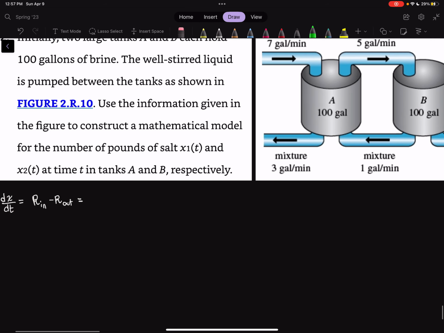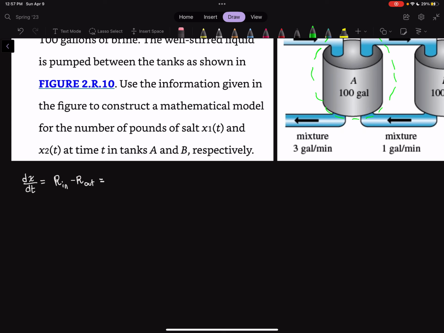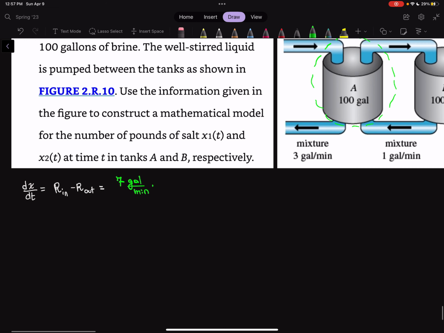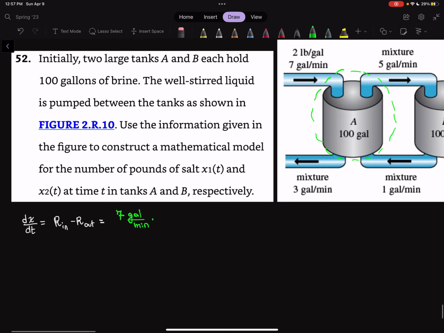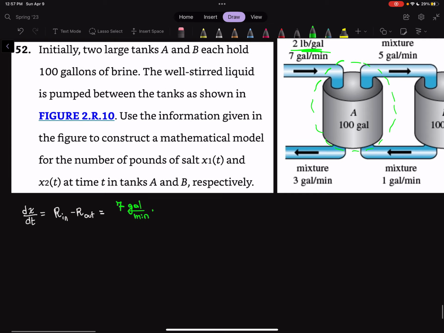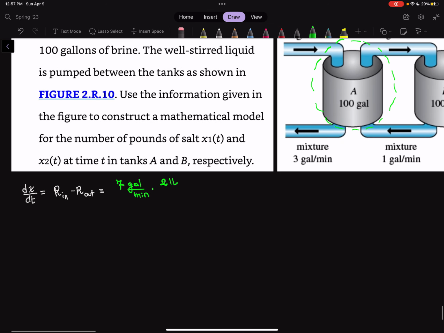Well, let's look first at this tank over here. We have 7 gallons per minute going in from the top left, and we want to multiply this by the concentration. They gave it to us over here, 2 pounds per gallon.